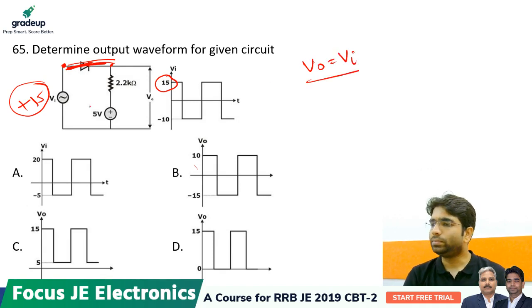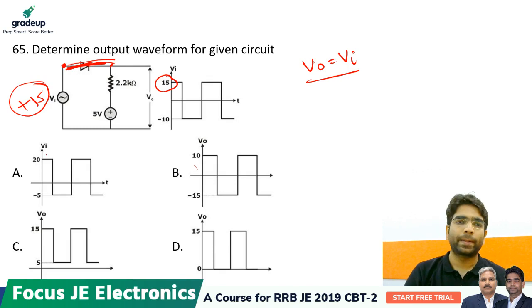So you get plus 15 volts. When V input is 15, V output will be 15. Navinath Gopal, your answer is wrong. Let us see why your answer is wrong.